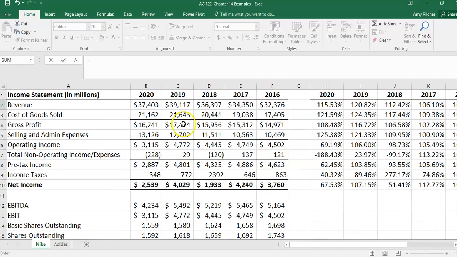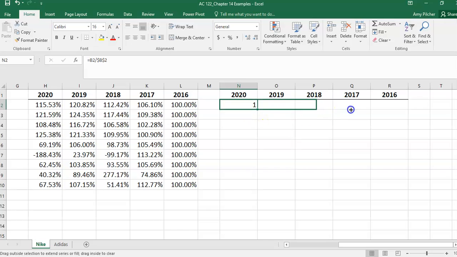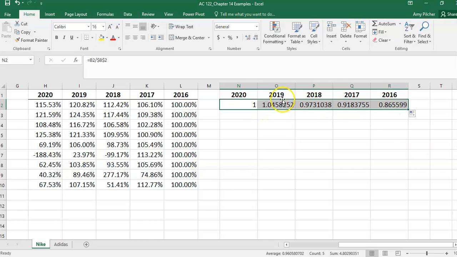for 2020, take our revenue divided by revenue. We're going to lock this cell by putting in the dollar signs. So now that that cell is locked, we can copy that formula. When we're in Excel, what I like to do is to copy it all the way over.